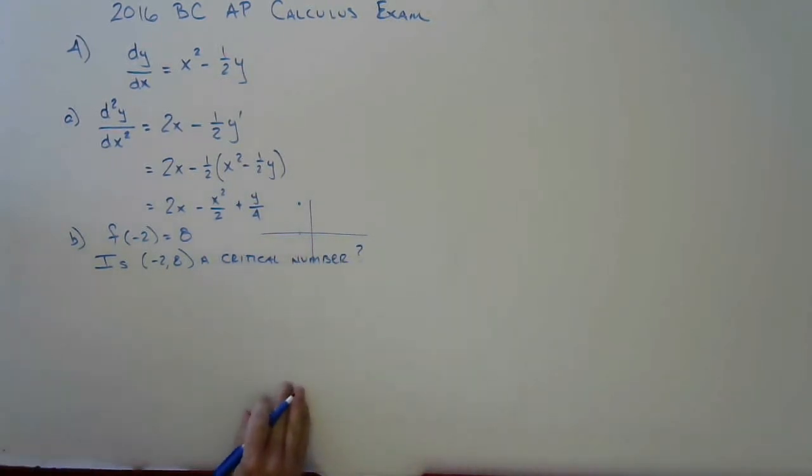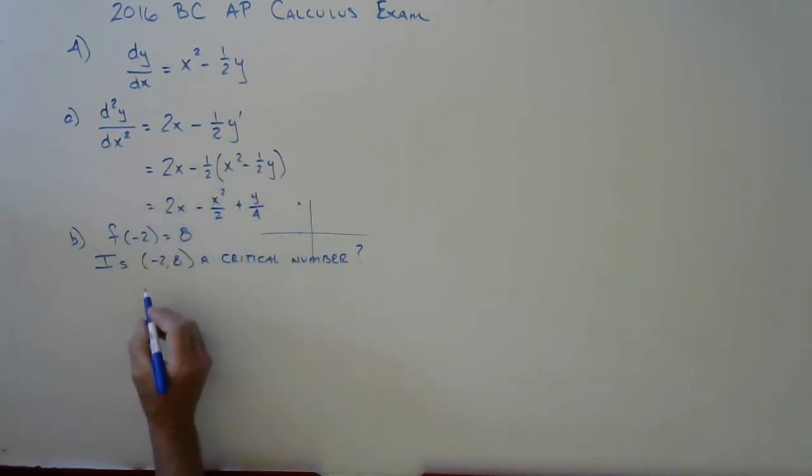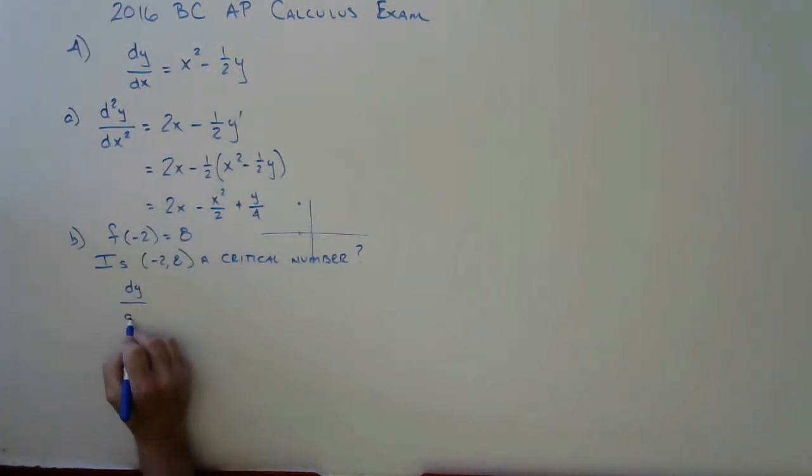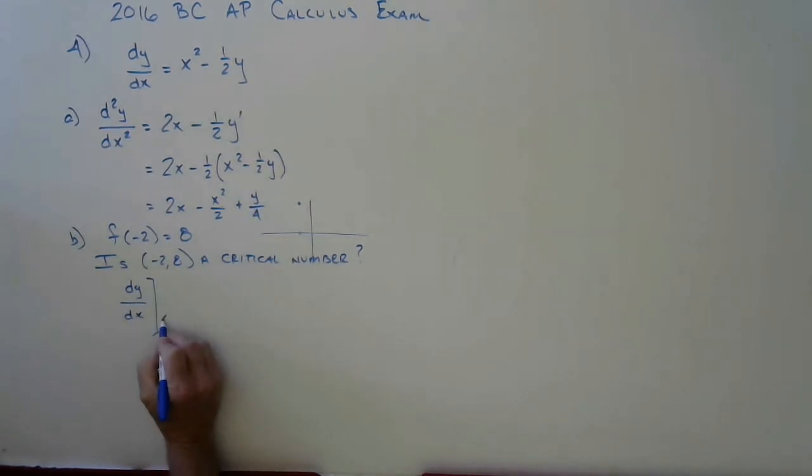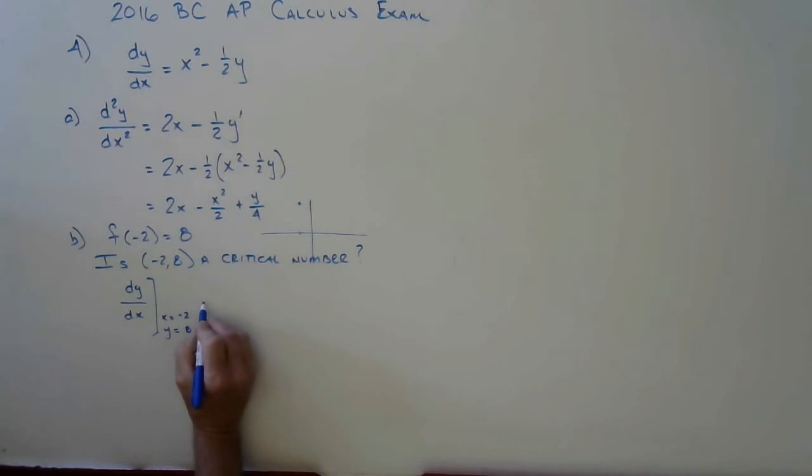To find out if it's a critical number, we're going to have to first determine whether or not the derivative equals 0 there. So we know what our derivative is. They gave it to us. We'll evaluate this at x equals -2, y equals 8. And what will we get?